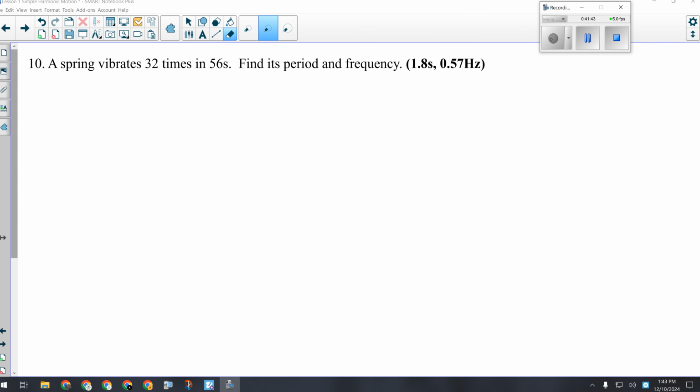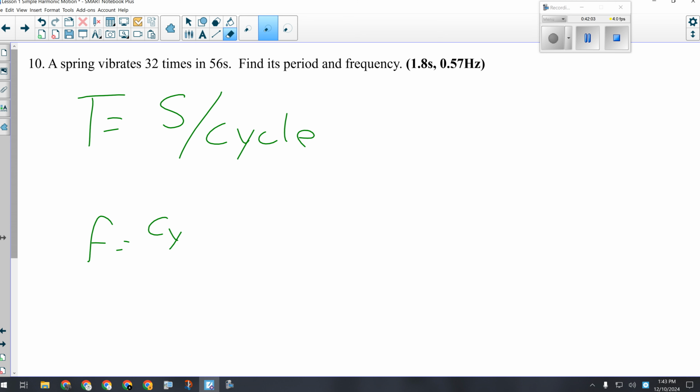Okay, so this one here is just about period and frequency. The spring vibrates 32 times in 56 seconds. So here's what we have to remember, and that's all this question is testing: do you remember that period is seconds per cycle and frequency is cycles per second? So to get period, I'm going to go 56 divided by 32, because that's seconds divided by cycles.